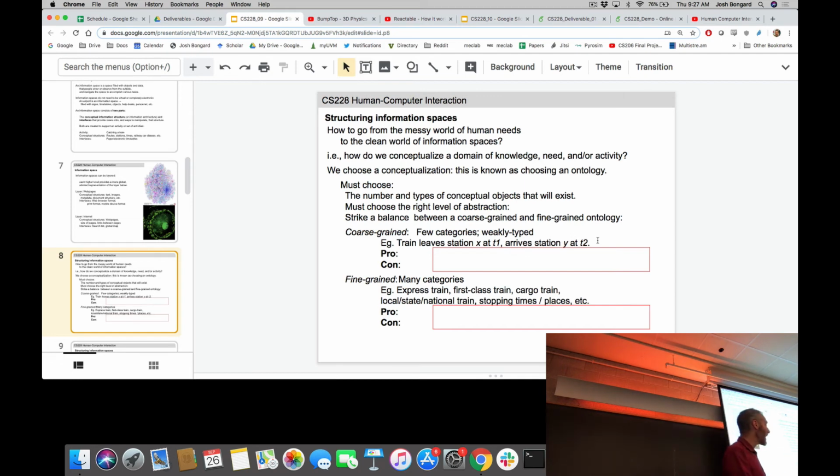And first class, does it contain first class cars or not? Which stations does it stop at along the way? We keep adding columns to our schedule, which provides relevant information for our travelers.